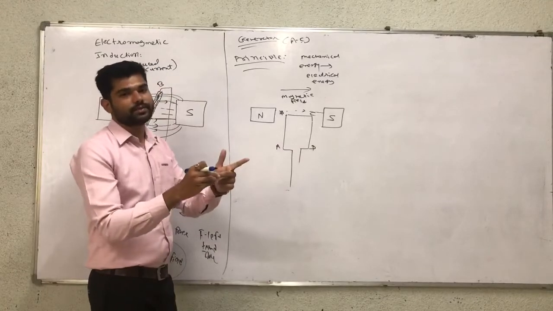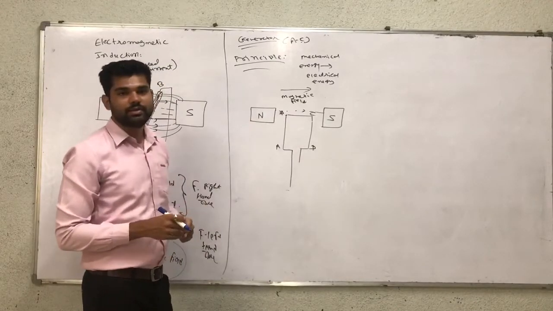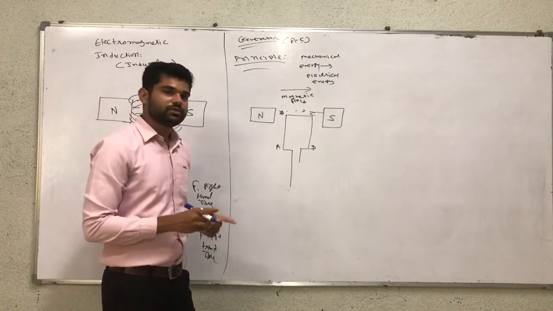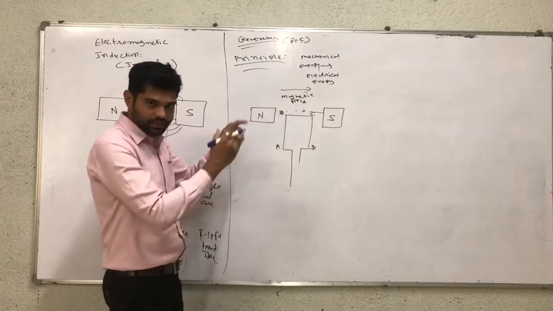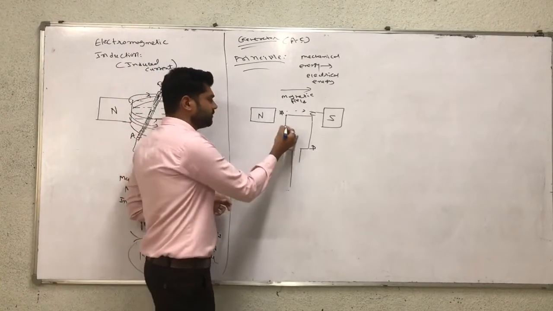Now our second finger, using this Fleming right hand rule, we know the direction of the induced electric current. So the induced electric current is up inside the circuit, therefore up.